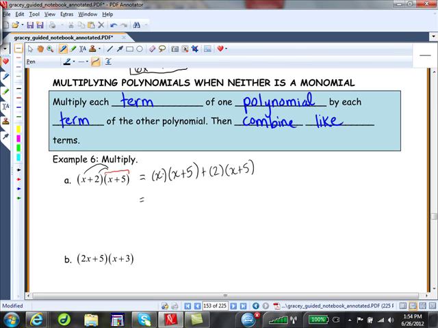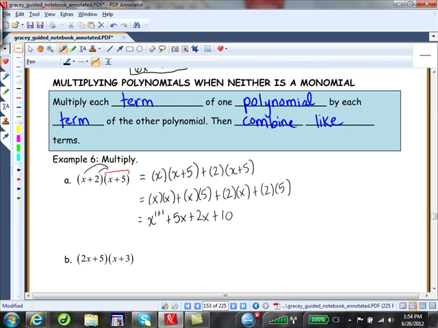We're now going to have x times x plus x times 5 plus 2 times x plus 2 times 5, which gives me x to the 1 plus 1 plus, I'm going to commute these and write it as 5x plus 2x plus 10.